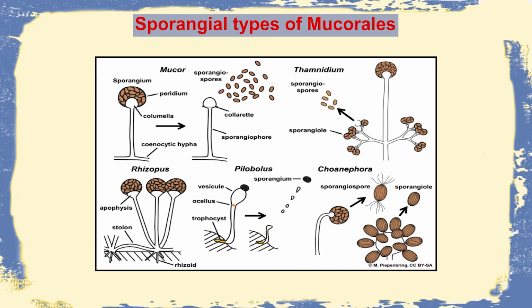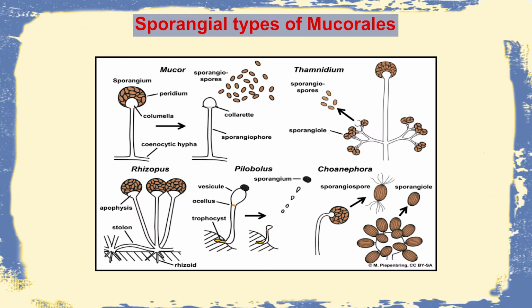As I was telling, the asexual reproduction is carried out by dark colored dumbbell-shaped structures called sporangium, and this sporangium has a typical classification. Like in Rhizopus, multiple sporangia may arise from the same point, but in Mucor they are a single one, and the central part, which is the columella, gives rise to spores.